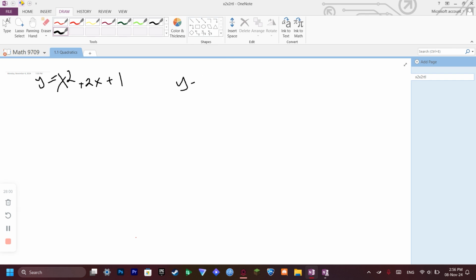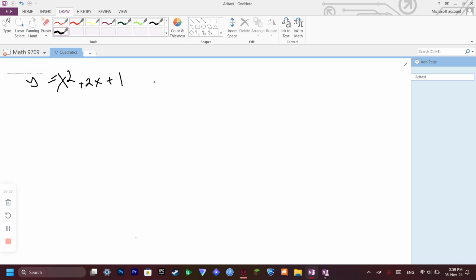If I want to actually find the inverse of this function, I need to think of it in another way. And this way is, how do I put x on one side and everything else on the other side?